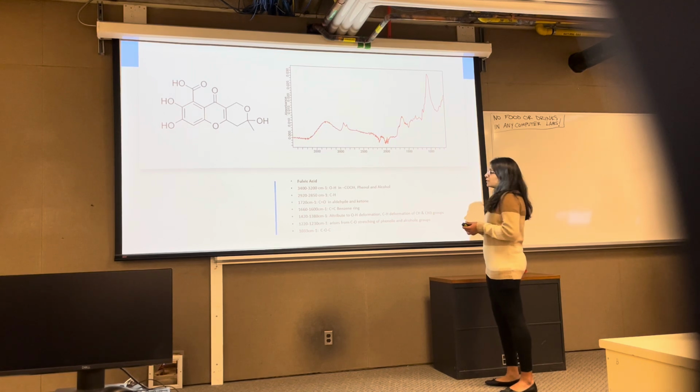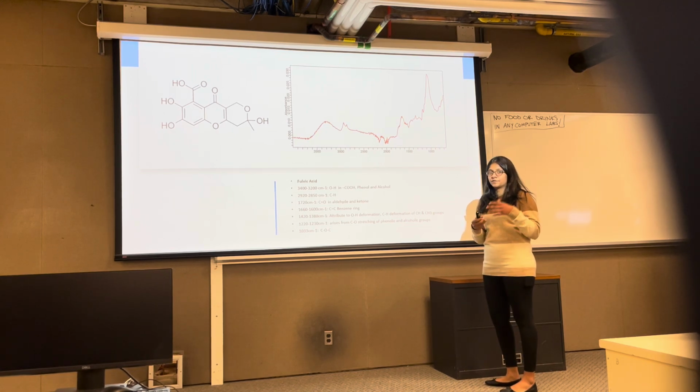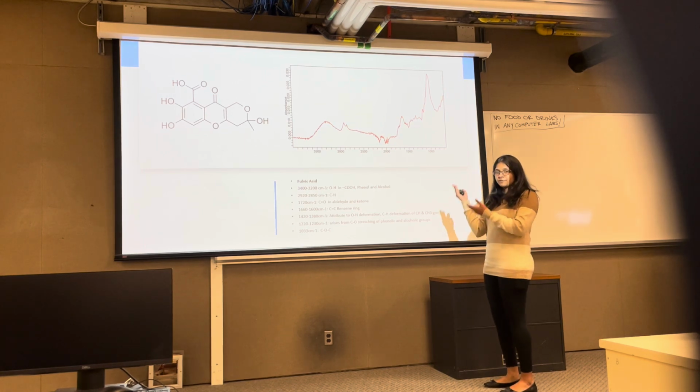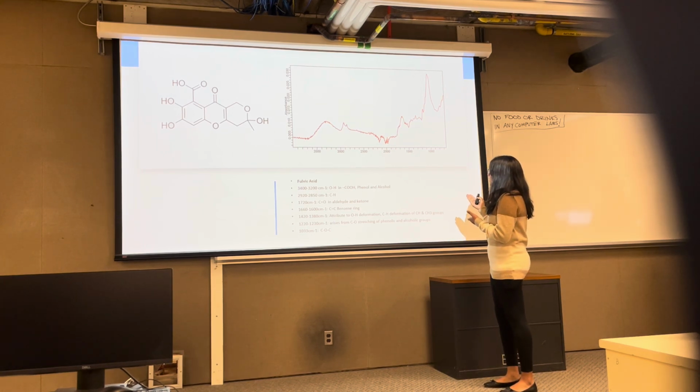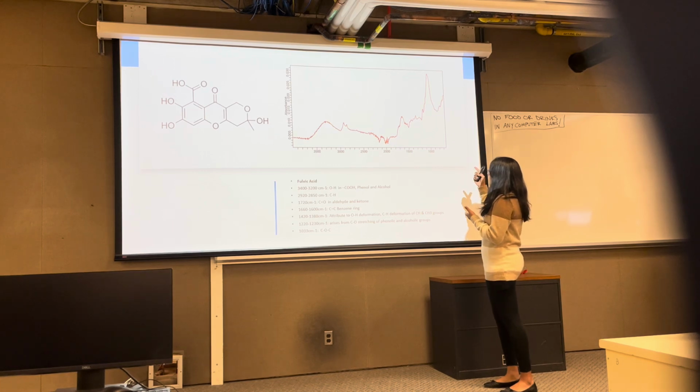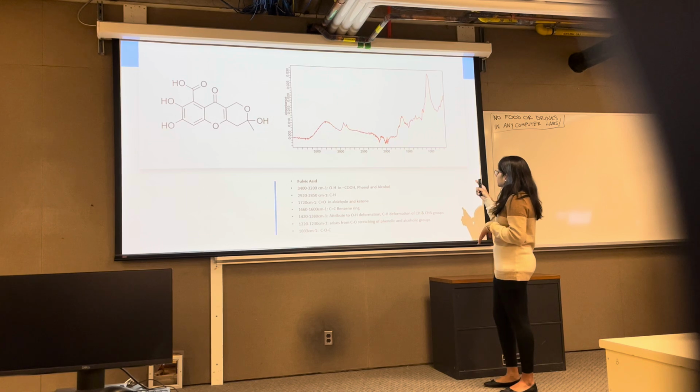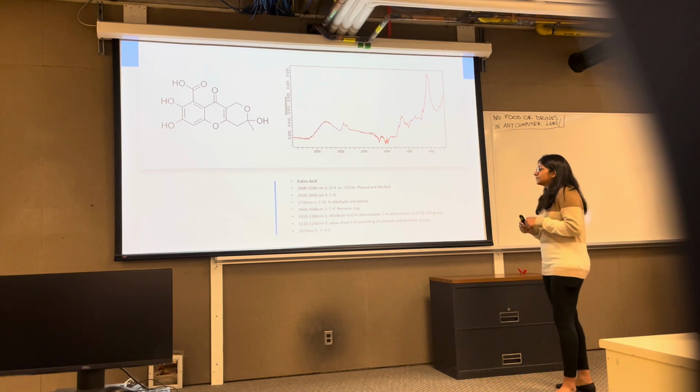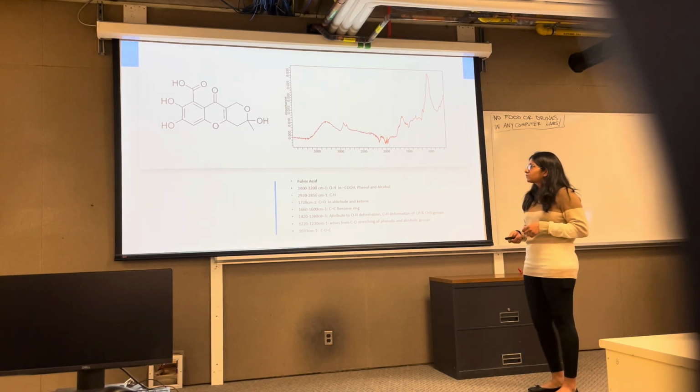And as per the references that we took, we were supposed to get peaks in the fingerprint region too. That's 1033 for ether, and 1220 to 1230 we got a peak for C single bond O.